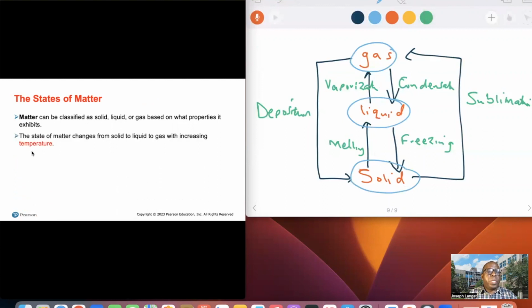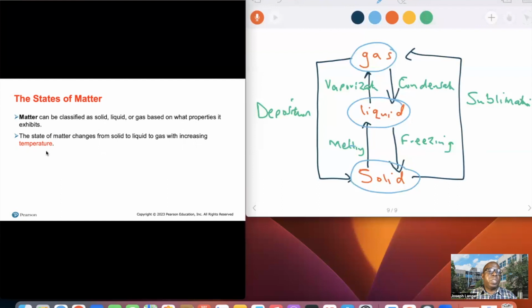If we change the temperature, matter can change its state. For example, solid ice: if you raise the temperature above 0 degrees Celsius, it will melt. Freezing is changing the temperature below 0 degrees Celsius.